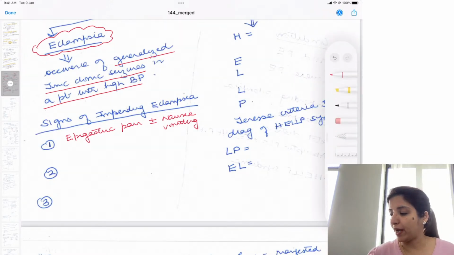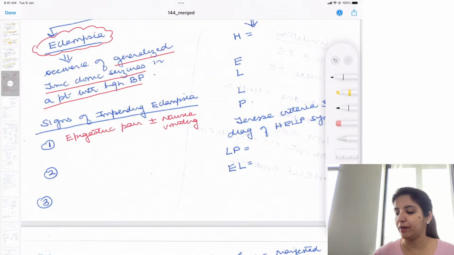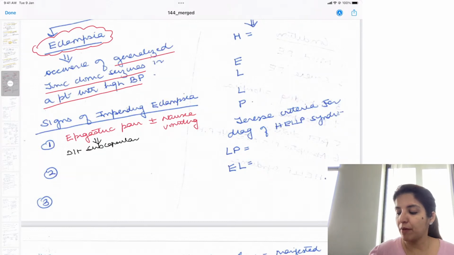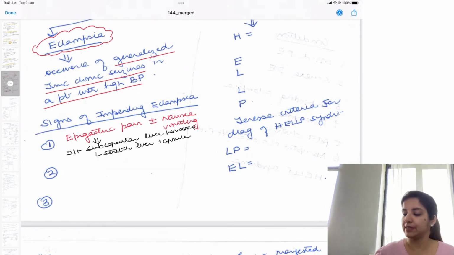Why do you get epigastric pain? Epigastric pain happens due to subcapsular liver hematoma, and this subcapsular liver hematoma is going to stretch the liver capsule, the Glisson capsule, because of which there is going to be epigastric pain.